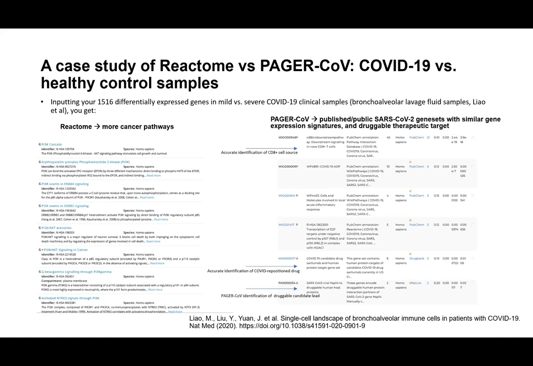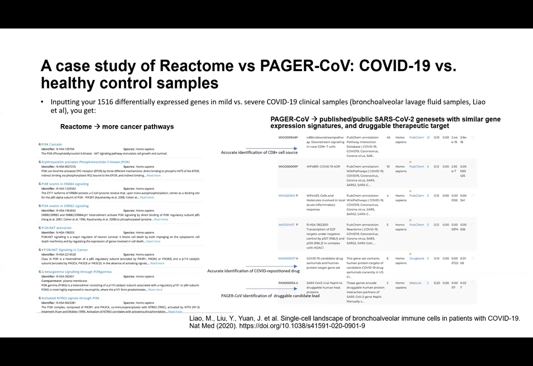I think sarilumab, from what I found in a cursory search, is a human monoclonal antibody used to treat rheumatoid arthritis, and it's being repositioned for COVID-19. I don't know how the clinical trials are doing, but inflammatory response, COVID-19, yes.